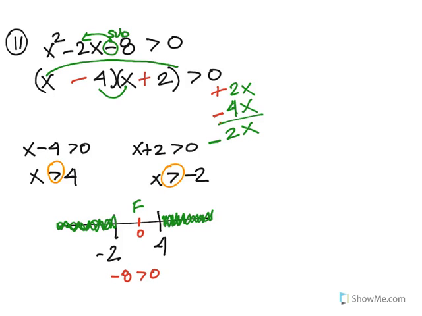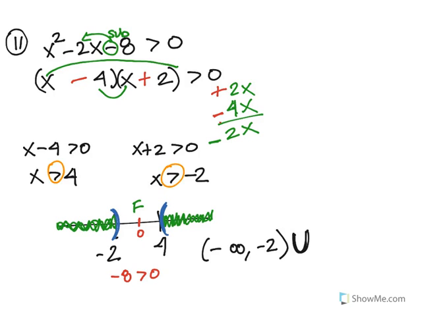Now, the symbols that go on both negative 2 and 4 would be a parenthesis because you do not have an equal bar under your sign. Now, this is known as split notation. So when you're writing that interval, you're going to say, okay, it starts from negative infinity, stopping at negative 2, and that's in parentheses.